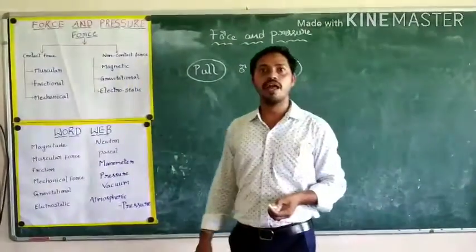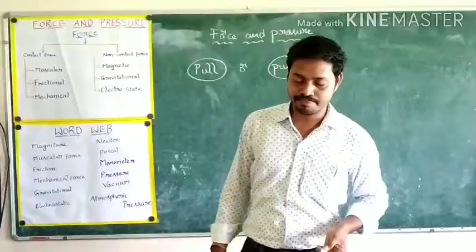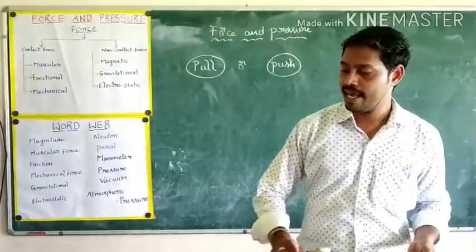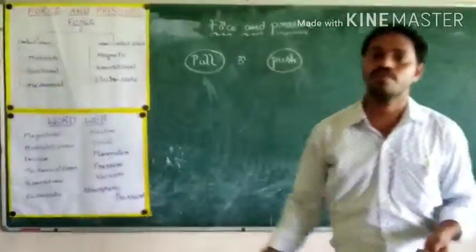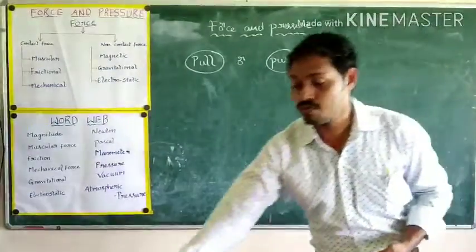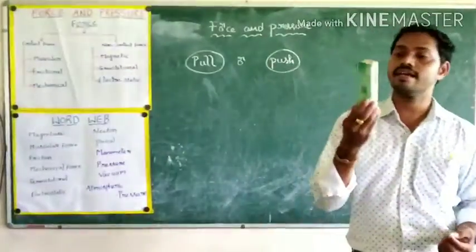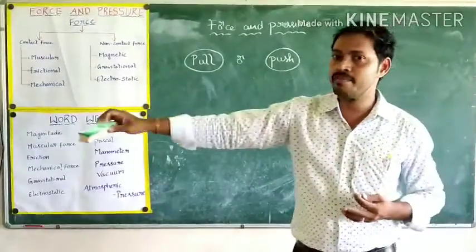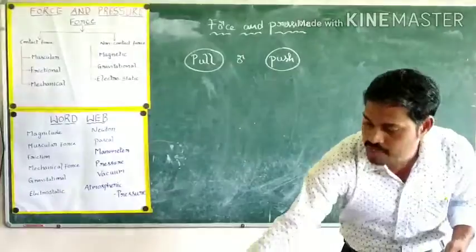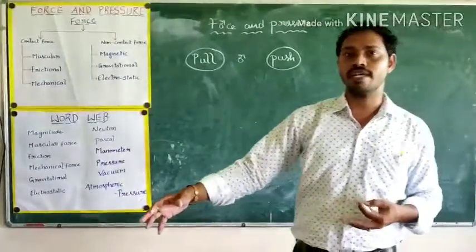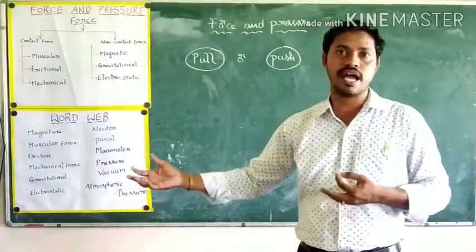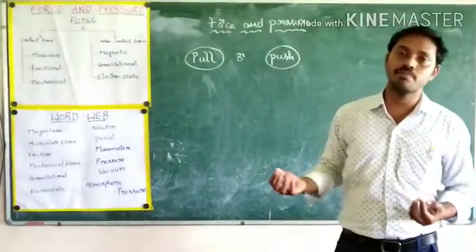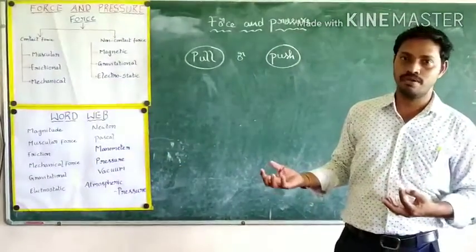So, now we have to know what is pull and what is push. See, to move an object away from our body, here the duster is an object, I am moving the duster away from my body. To move an object away from our body is called push. To move an object towards our body is called pull.